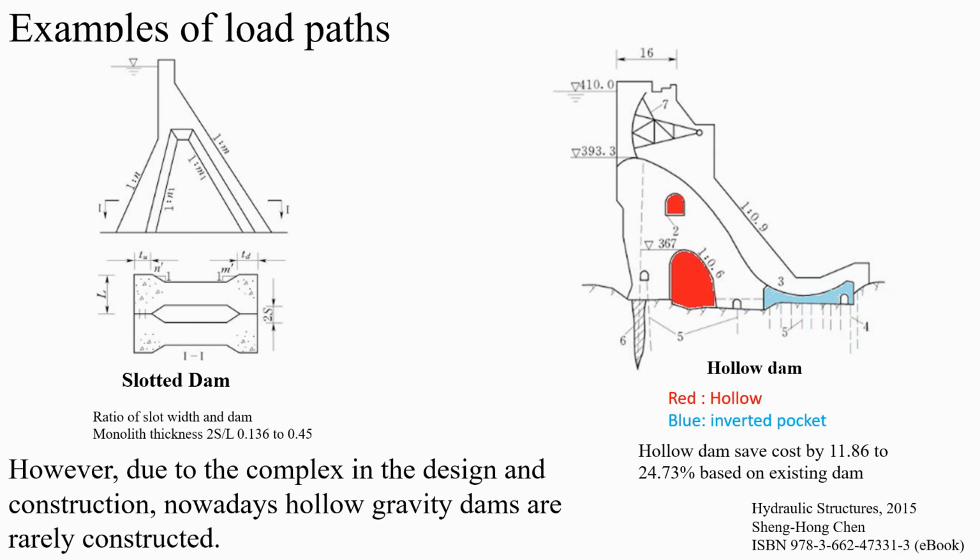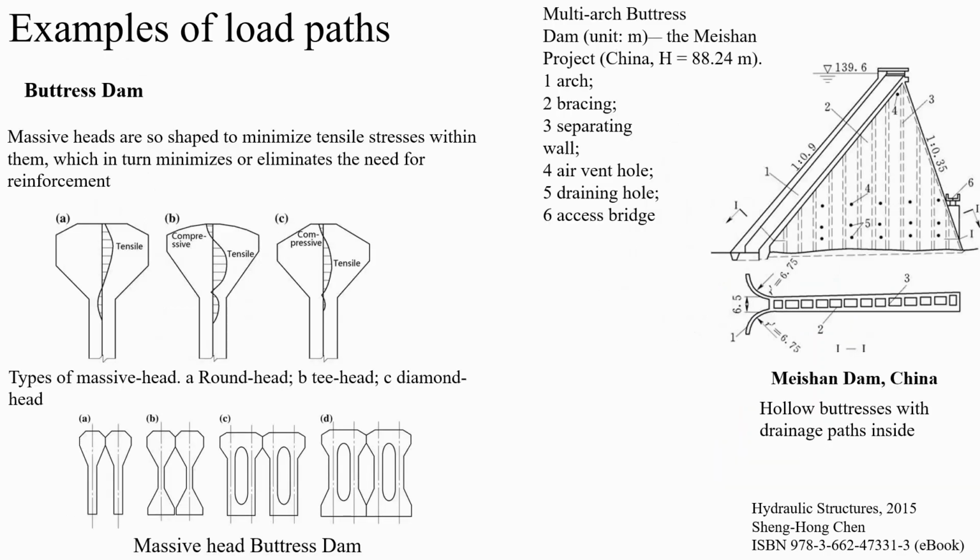Also, the dam hollow can accommodate a hydropower plant for overcoming the conflict between the plant layout and flood. Another form of hollow dam is the buttress dam, which can save a large amount of material. However, it requires lots of formwork.